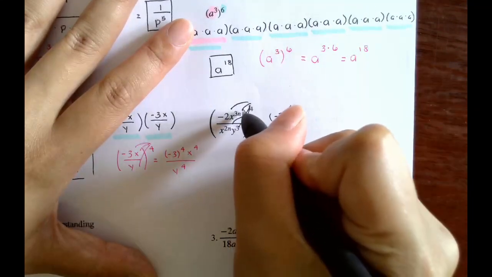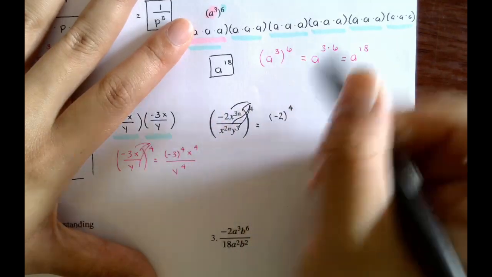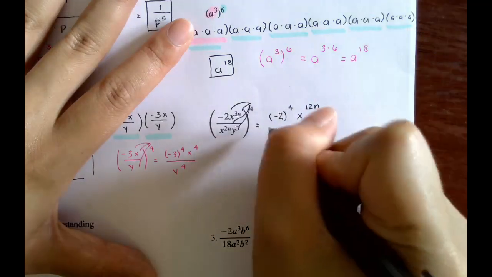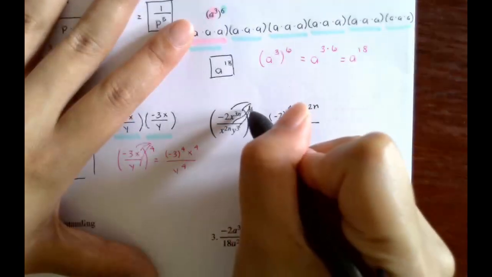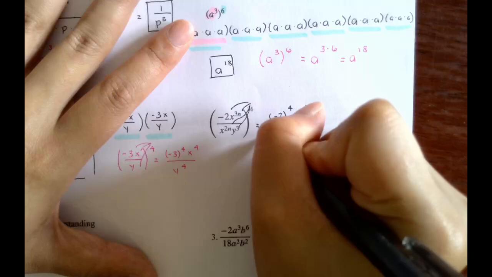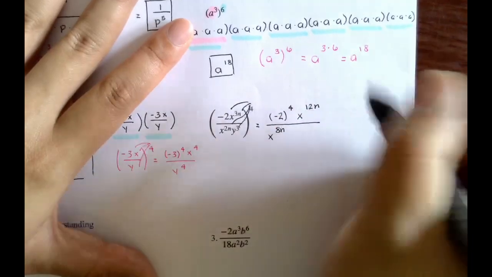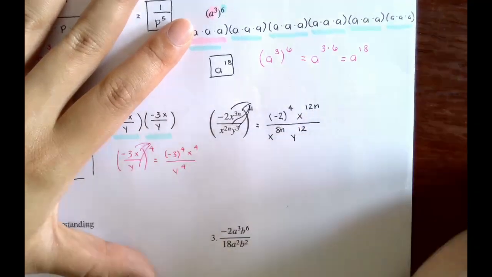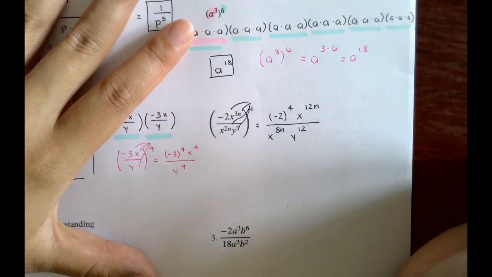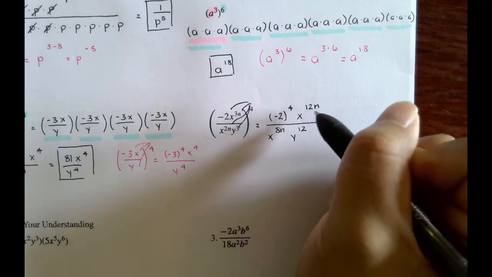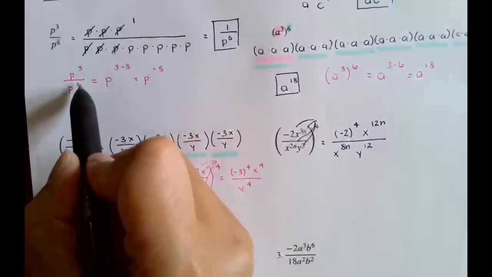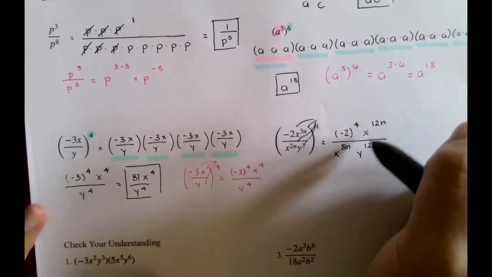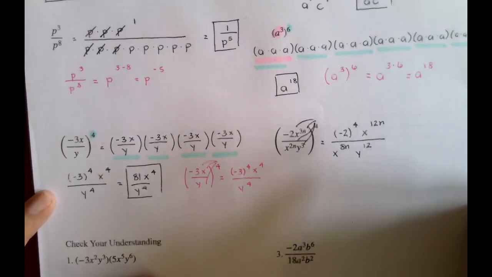Then here, x to the 3n, so 3n times 4 is 12n, so 12n over 4 times 2n is 8n, so x to the 8n, and then 3 times 4 is y to the 12. Right? And then using our quotient property, we saw this before, that it's top minus bottom. So here I see x on both sides, on the numerator and in the denominator. Okay.